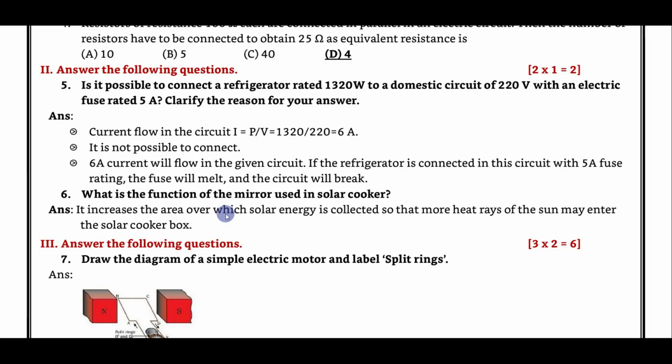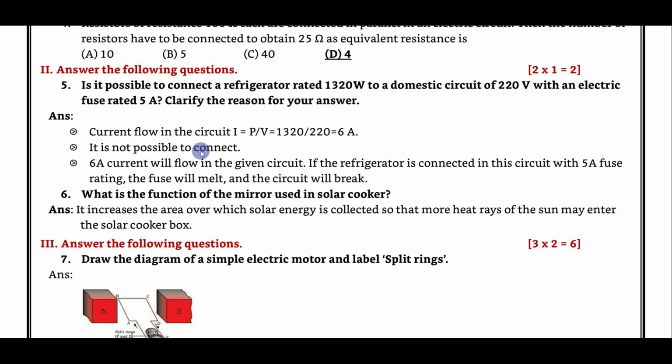Fifth question: is it possible to connect a refrigerator rated 1320 watts to a domestic circuit of 220 volts with an electric fuse rated 5 amperes? Clarify the reason for your answer. We know power P = V × I, so current I = P/V, we get current 6 ampere.